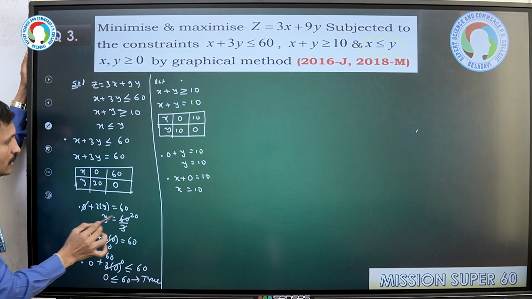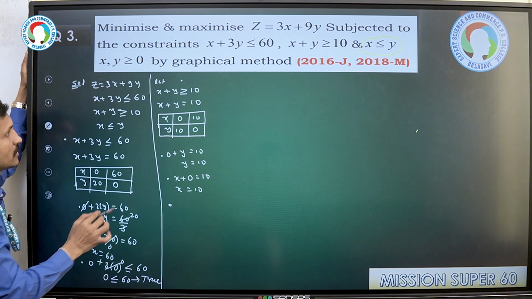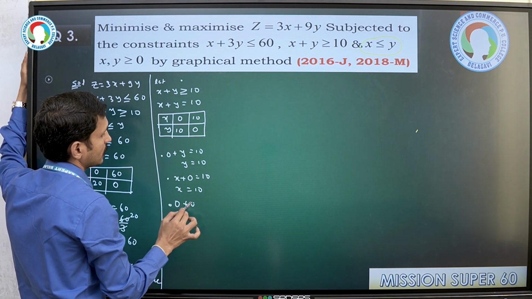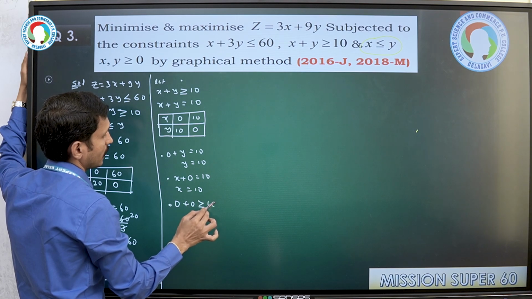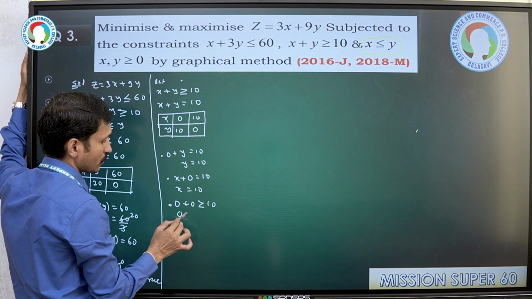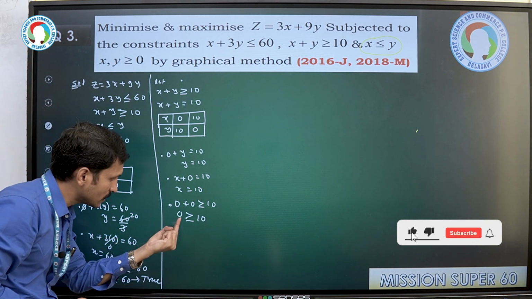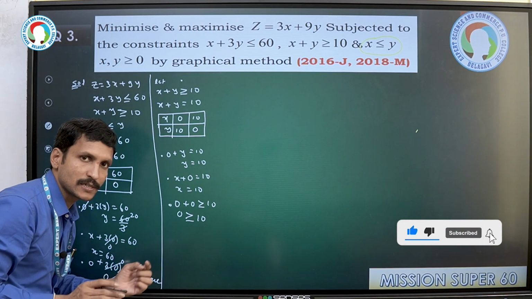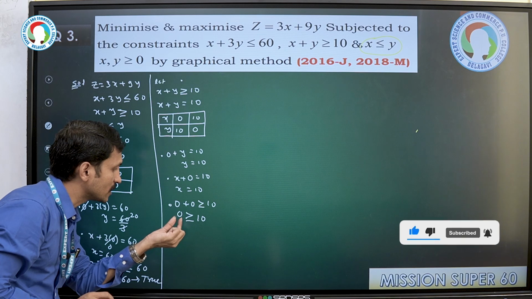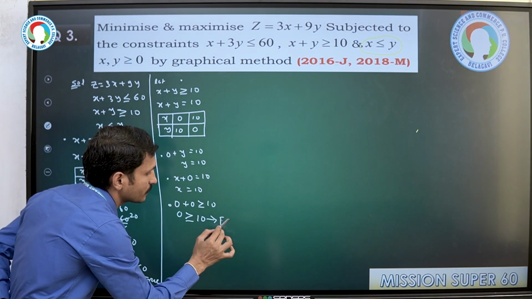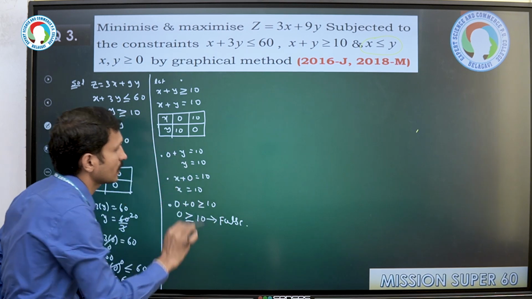After that you should find true and false. Put x as 0 and y as 0: is 0 plus 0, which is 0, greater than or equal to 10? No, 0 is less than 10. So 0 is not greater than 10, so it is false.